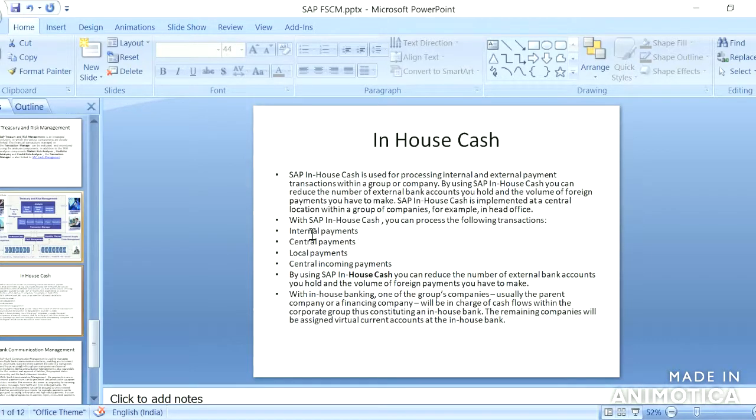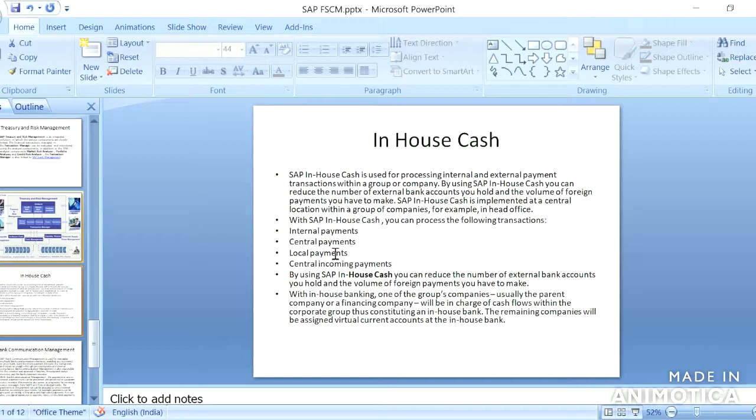With SAP in-house cash, you can process the following transactions: internal payments, central payments, local payments, and central incoming payments. To explain each point, I am not sure, but what I understand is that instead of having accounts in each and every branch, they can have an account in the head office, the main branch, and all the transactions related to the sub branches can be dealt with by the main branch.